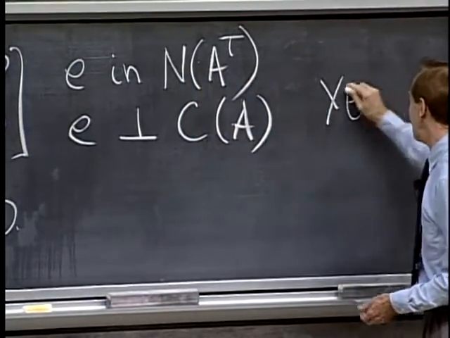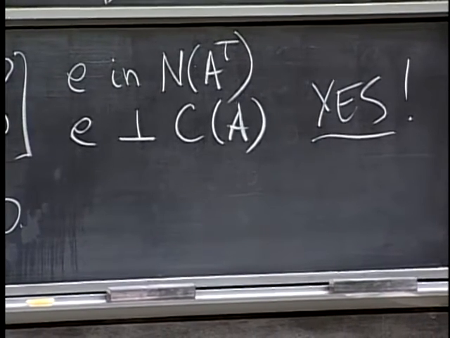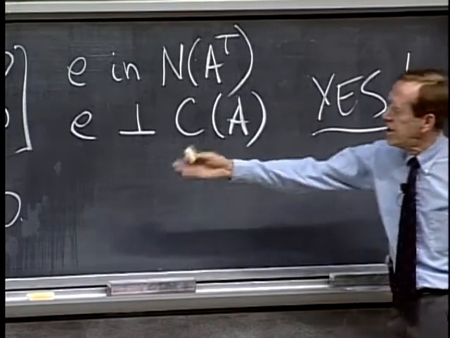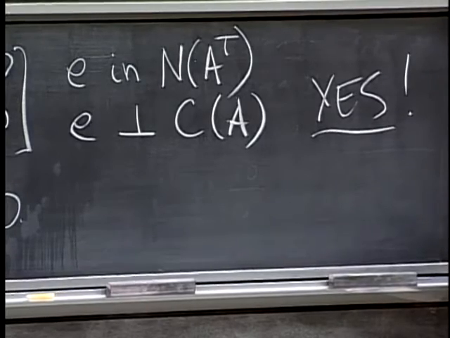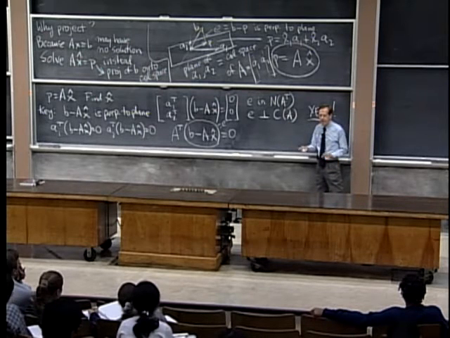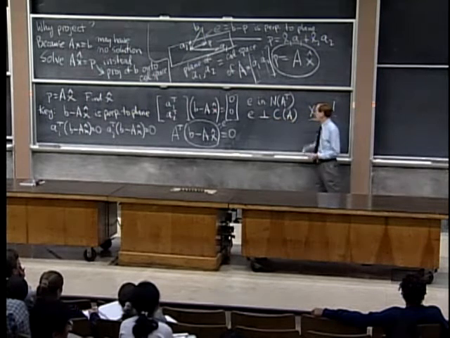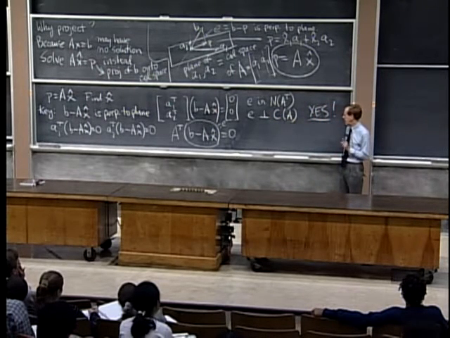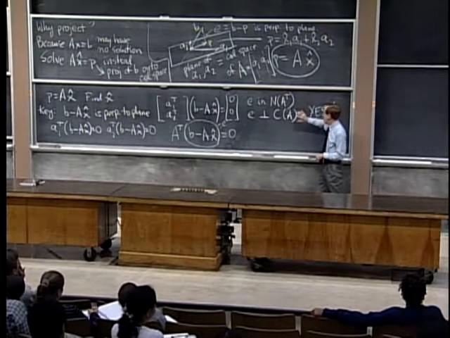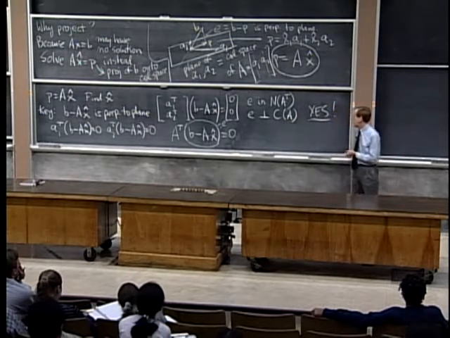Yes. I just feel, okay, the thing came out right. The equation that I struggled to find for E really said what I wanted, that the error E is perpendicular to the column space of A. And from our four fundamental subspaces, we knew that to say E is in the null space of A transpose says E is perpendicular to the column space.